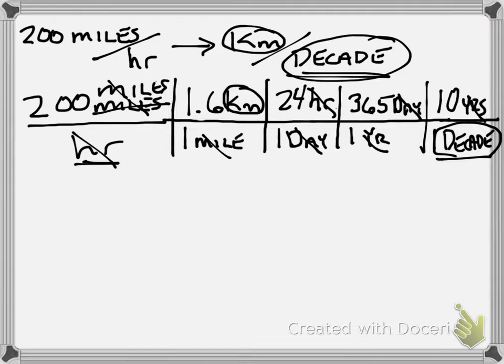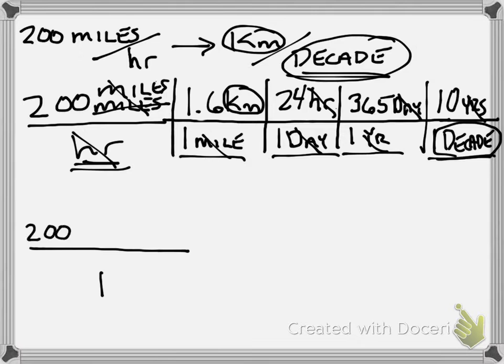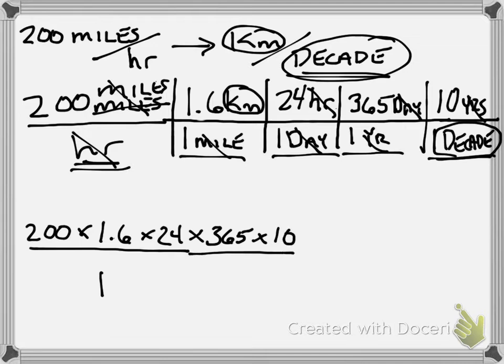So how we do this is, since the denominator is all 1 times 1 times 1 times 1, it is going to be all over 1, whatever it is. So it's 200 times 1.6 times 24 times 365 times 10, all divided by 1.